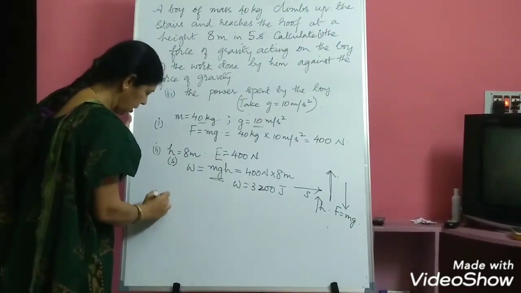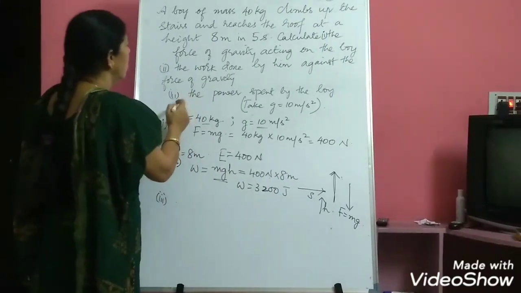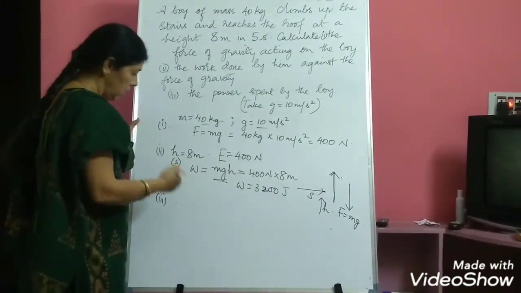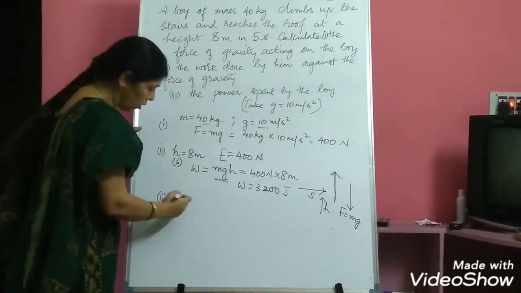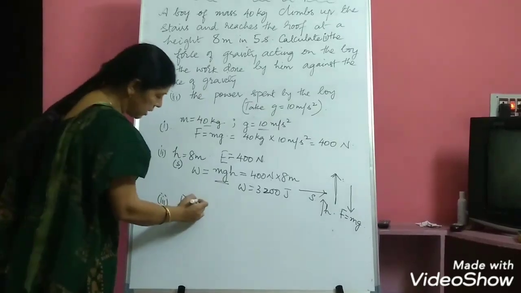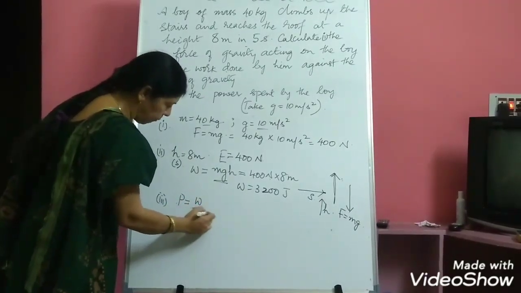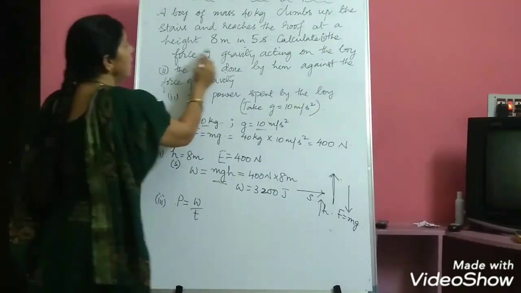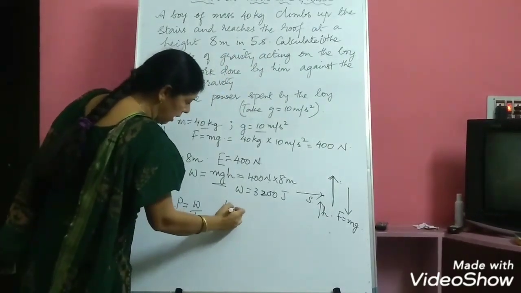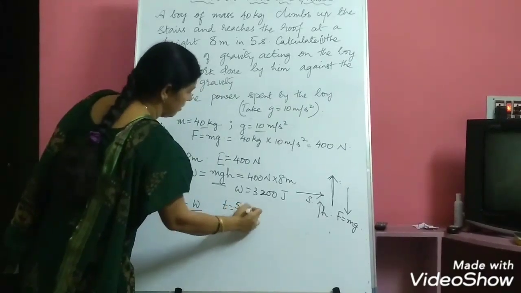Third question. What we have to calculate? The power spent by the boy. So, in our previous video, we have learnt the formula for power developed or power spent, that is given by W by T. Now, in how many seconds is the boy climbing up the stairs? T is given as 5 seconds.